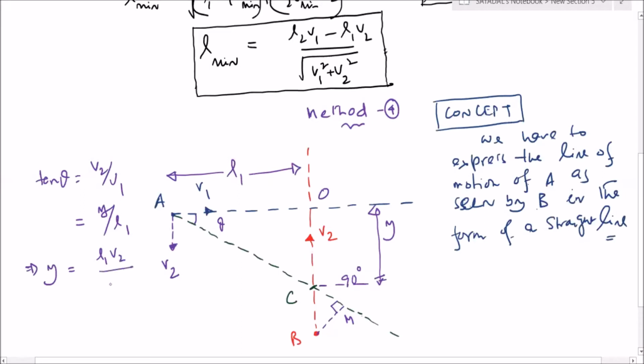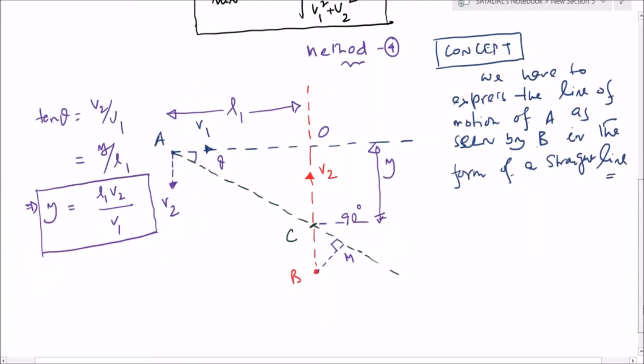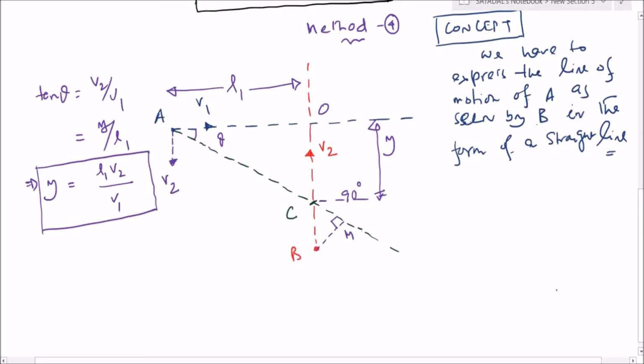It is L1 v2 by v1. That I have already seen previously. We have already checked this. Now we know, finding the straight line AC.